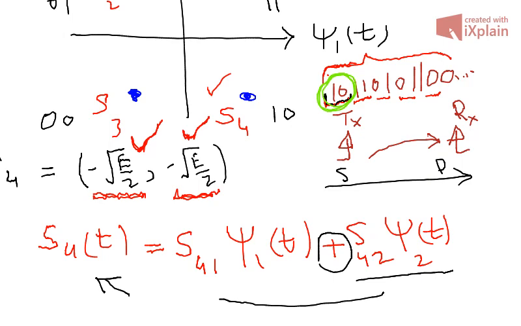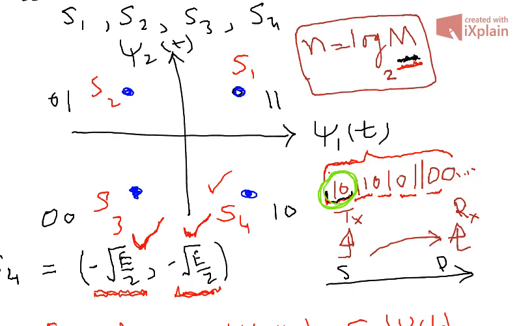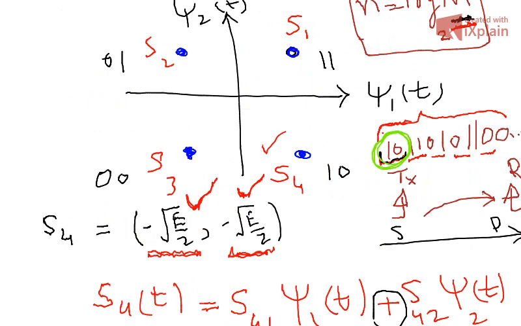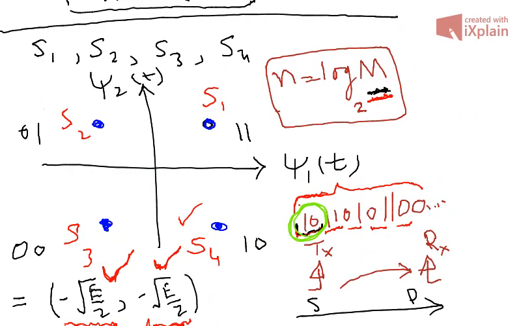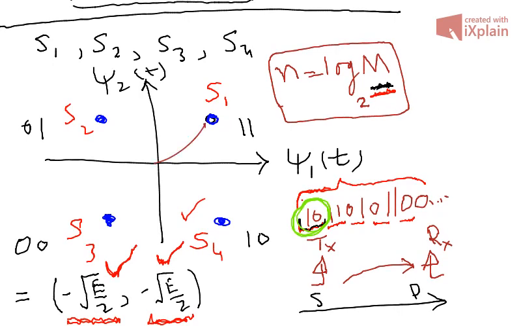is important for these, and we can see that in our signal constellation, all these four signal points, this one and this one, lie far apart, and they have the same energy.